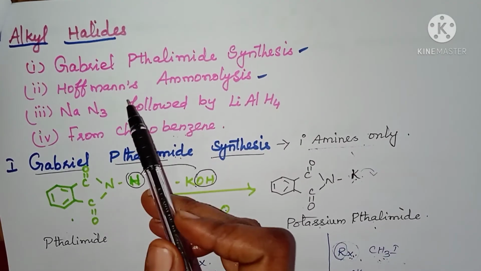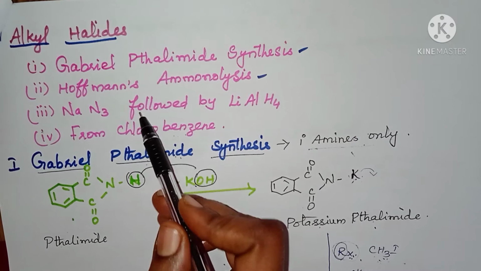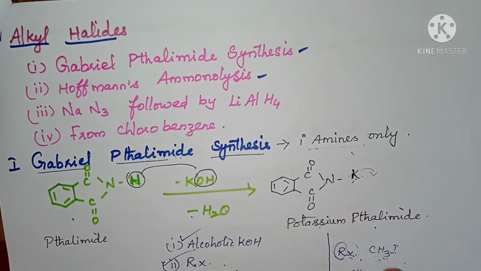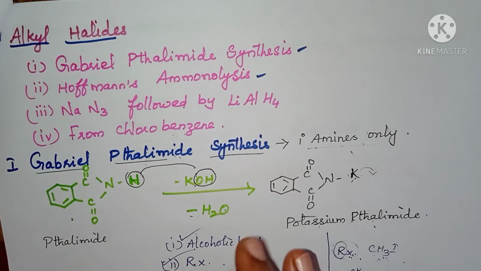See, so long we have seen nitrogen atom present in the compound. That is, nitrogen atom present in the compound means nitro group is there, amide group is there, then cyanide, isocyanide, all those 3 reactions we have seen. So that compound converted into amine, whether it is a primary amine or secondary amine, whatever it is. But the nitrogen atom was present in that compound.